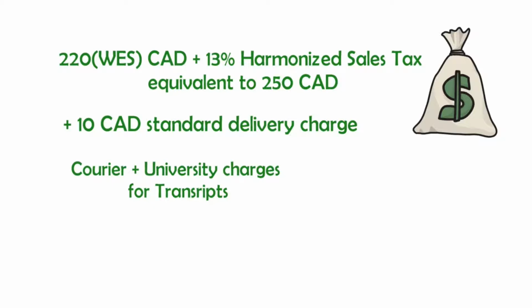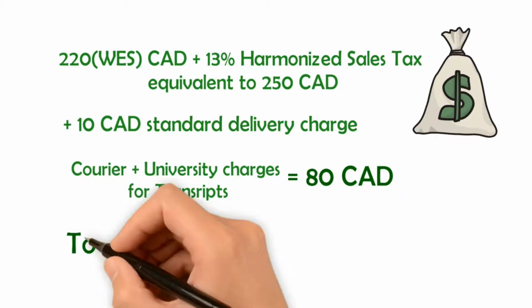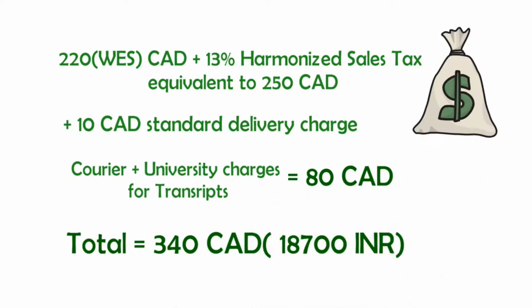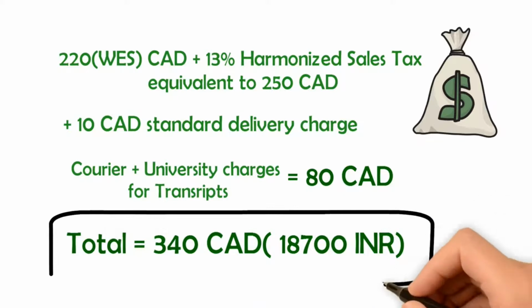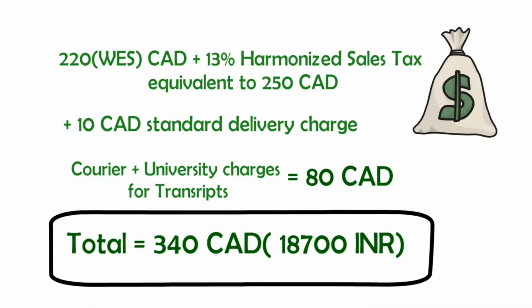These charges will vary depending upon the university, location, and the courier service used. We paid around $80 for this, including the university charges plus the courier charges. So the total rounded off amount comes to $340 Canadian or around 18,000 Indian rupees for educational assessment.